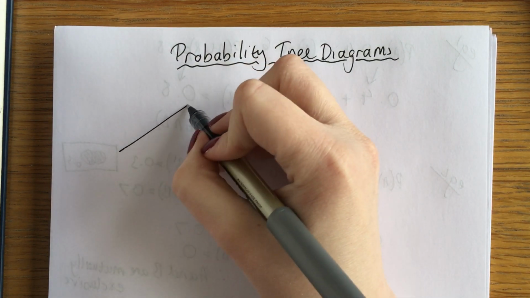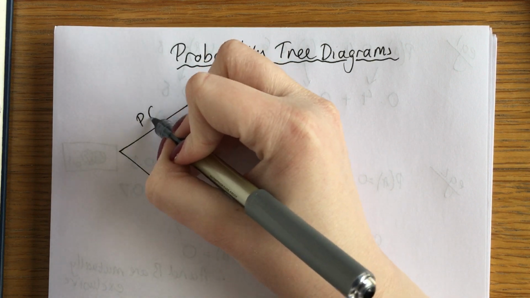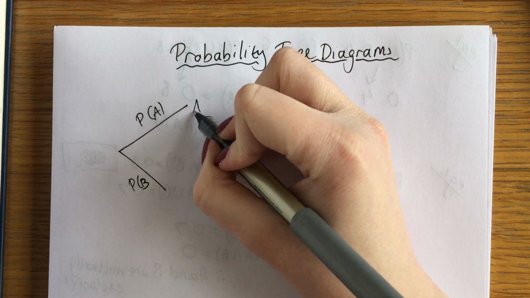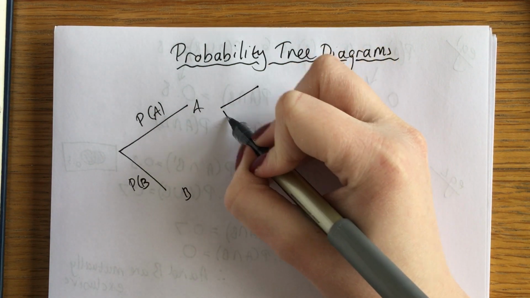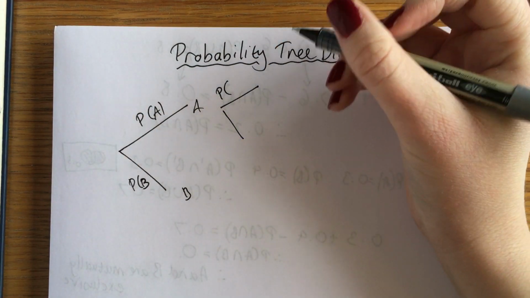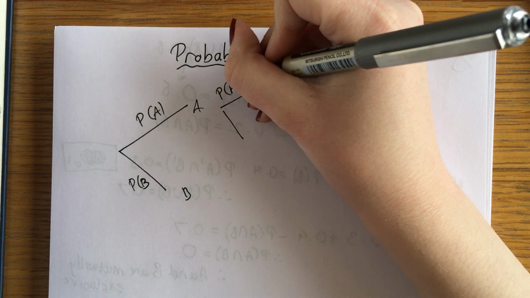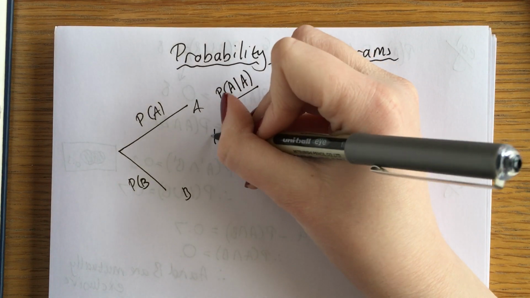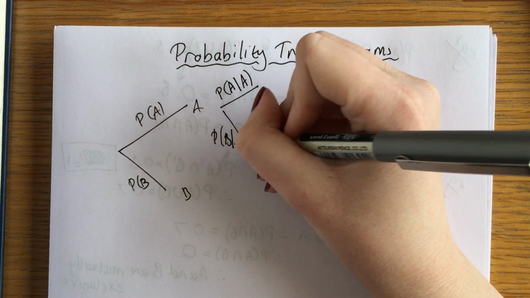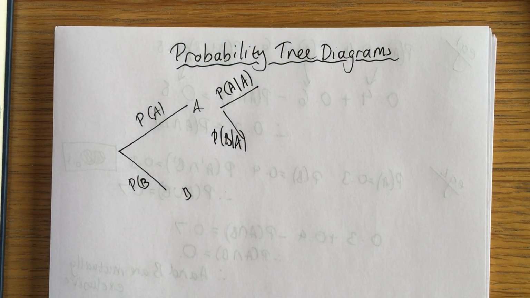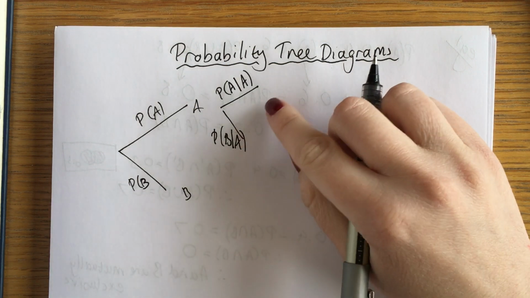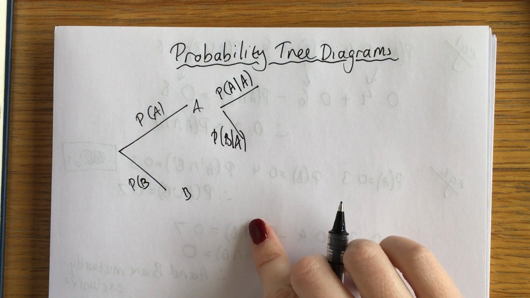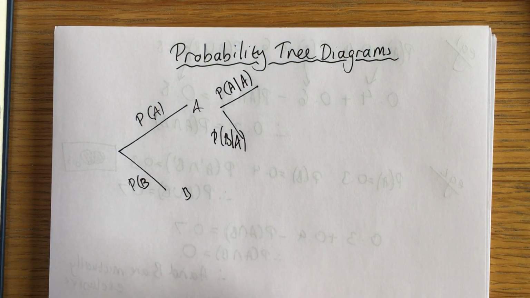Because if I've got the probability of A and the probability of B, this is the probability of A happening again, given that A has already happened. And this would be the probability of B happening, given that A has already happened. So just because we've not seen it in this format, and we would never really write it in that complex format, this is what I've done.